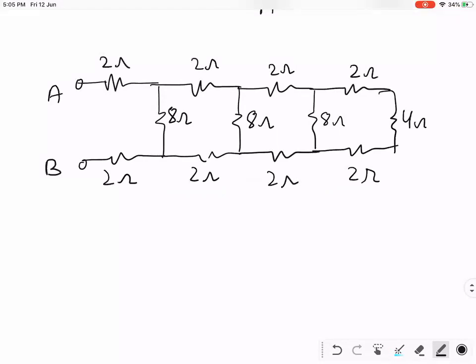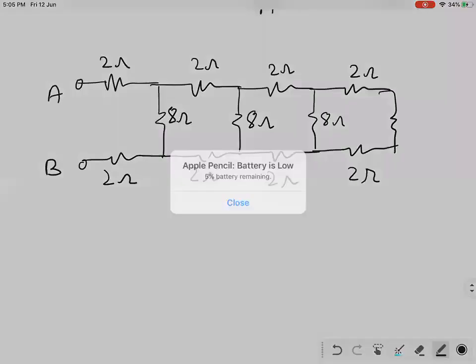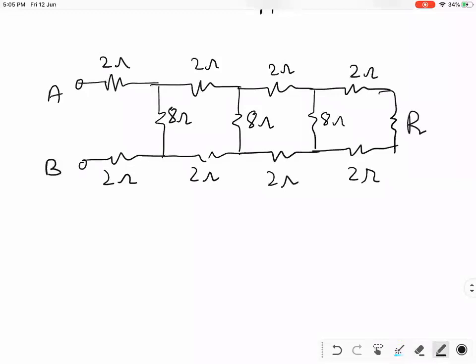Correct. Very easy, right? But in NEET, they will give you a question like this. They will ask what value of R we should connect so that the equivalent resistance of this ladder will become independent of the number of branches.